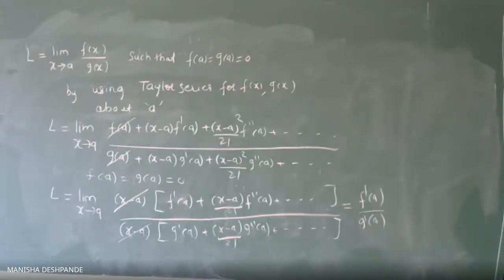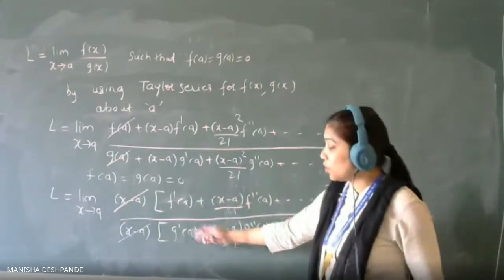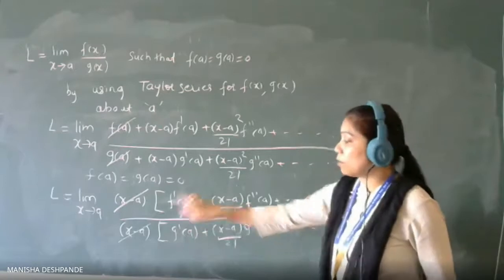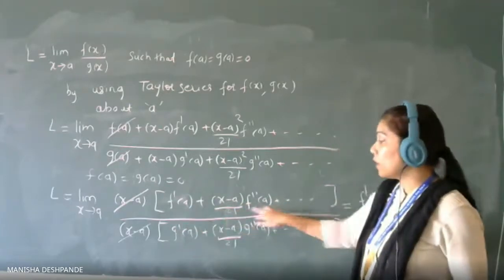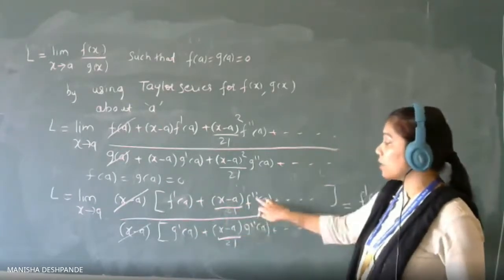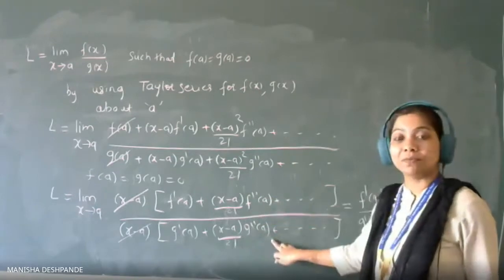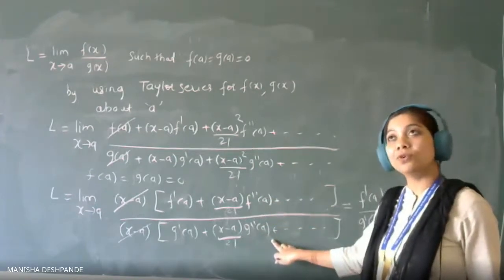And who gave this? This was given by the Hospital, so it is called the Hospital rule. Is it okay? And if further f dash upon g dash is 0, the first term will go, again we'll be able to take x minus a common, so what will remain? This 2 factorial will get cancelled, answer will be f double dash upon g double dash. Understood?